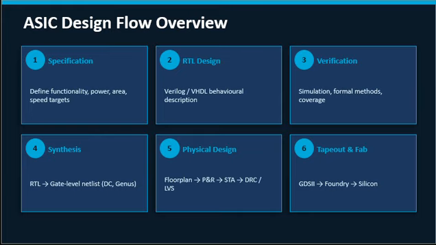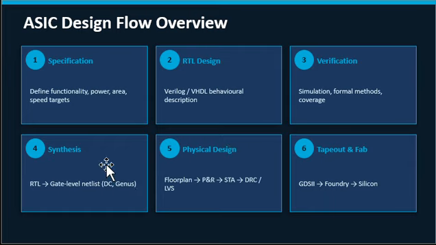Then after verification we do the synthesis part, in which our RTL description, the Verilog code, is converted into a gate level netlist, and we can do it with the Genus software, and there are many other tools as well.